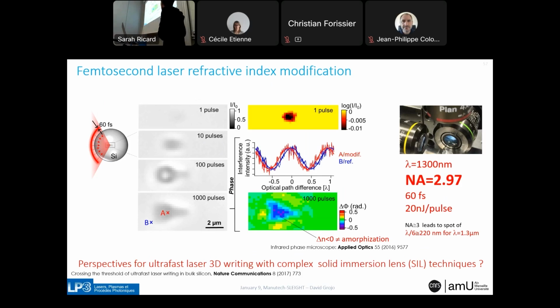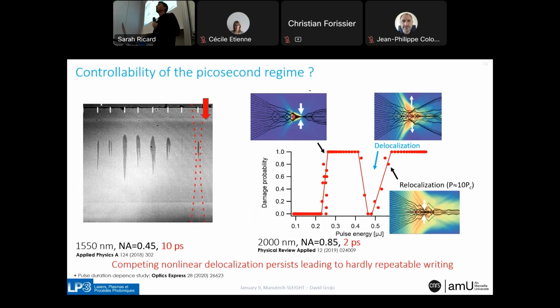And we found in this particular experiment a negative index change, which is not consistent with the fact that we do a kind of amorphization, but we more likely create porosities inside the material. So that was a nice proof of concept, but obviously in a configuration that will not bring very good perspectives for technology transfer. So we looked at other solutions to this problem.